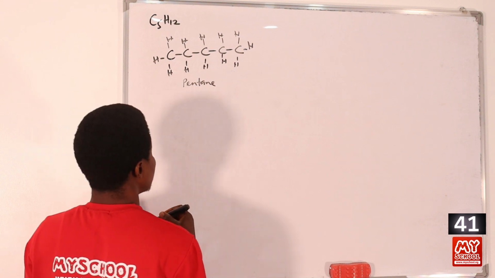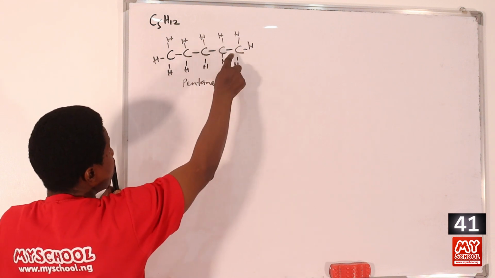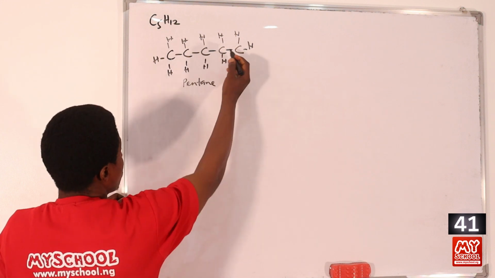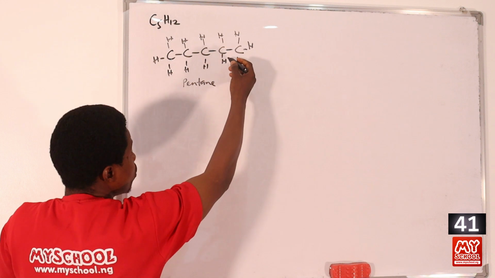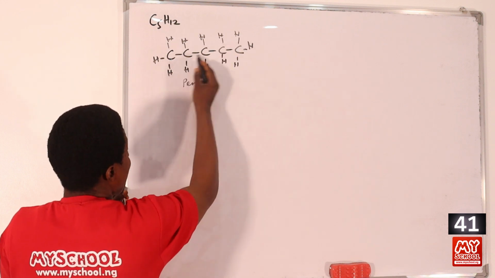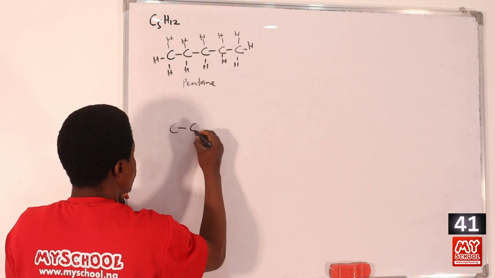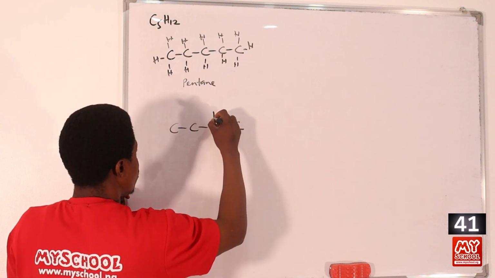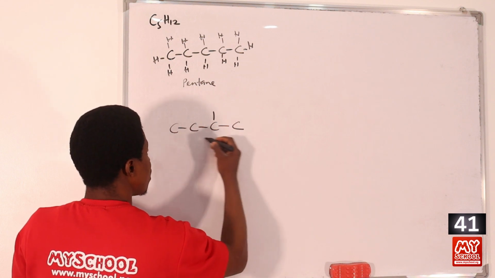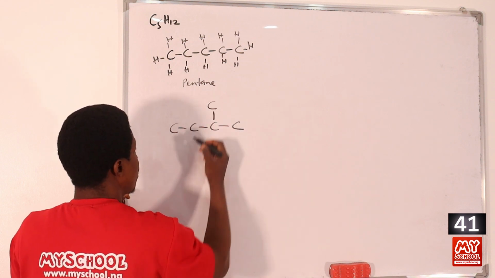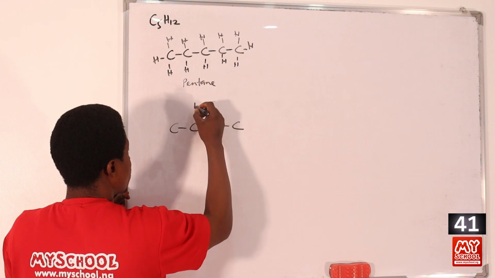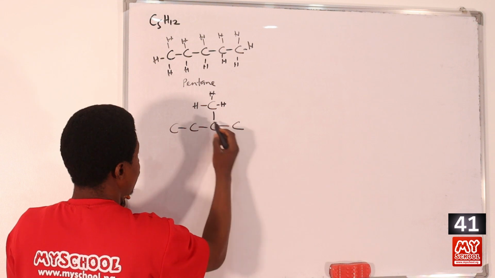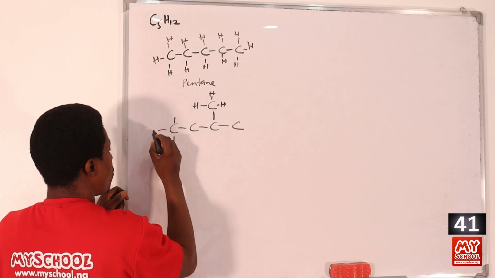So we can draw it again. In drawing this, you can just displace one carbon atom, so that instead of a straight chain, we have a branched chain. Since we have 5, let's reduce it to 4: 1, 2, 3, 4. Then the 5th carbon can be put on this one, not at the end. If you put it at the end, it will still be a straight chain. Remember, all carbon atoms must have 4 bonds.